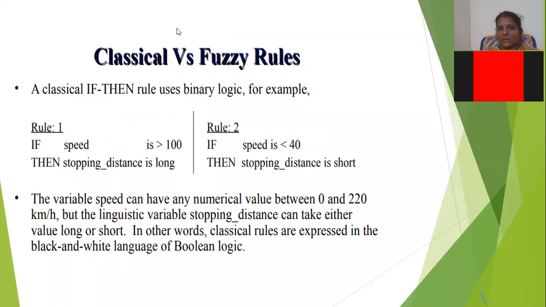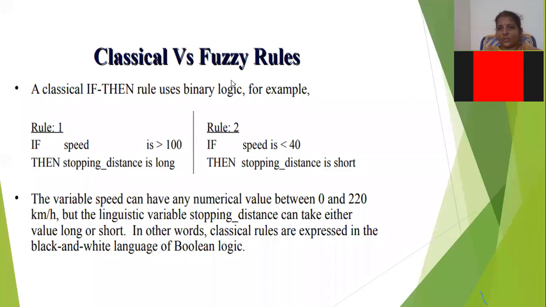So, what is the basic difference between classical rules and fuzzy rules? In the classical rule or in a crispy set, we use either yes or no logic, either 0 and 1. But it is not the case in fuzzy rules.